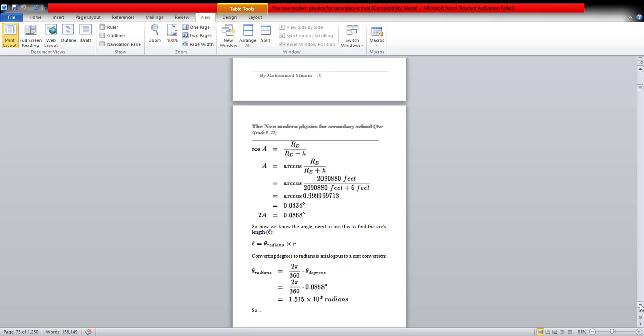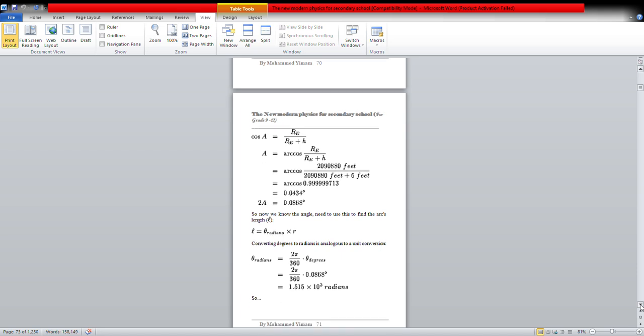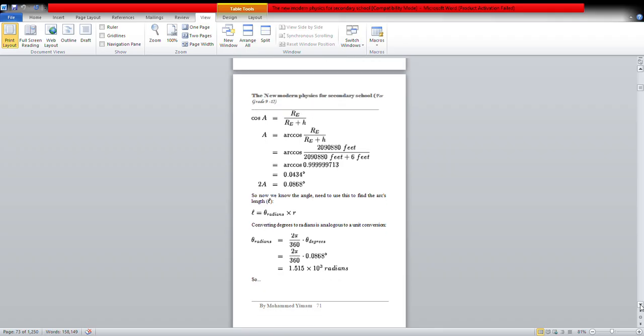A is the arccos, the inverse of cos, which is equal to 0.999999713, which is equal to 0.0434 degrees. 2A is equal to 0.0868 degrees. So now we know the angle needed to use.